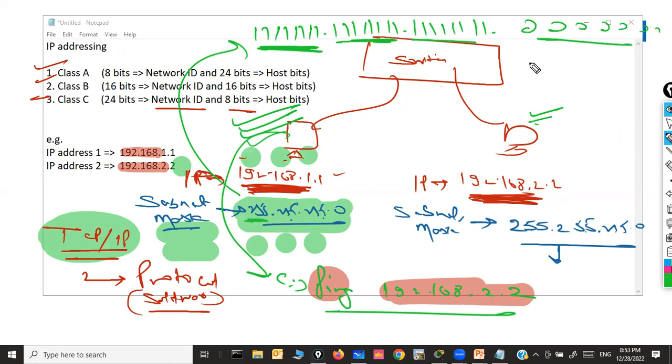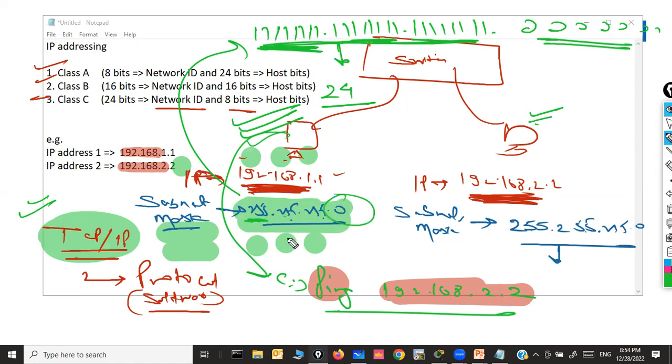So the TCP/IP protocol, as software, counts the number of ones and the number of zeros in the subnet mask. The number of ones is equal to 24.